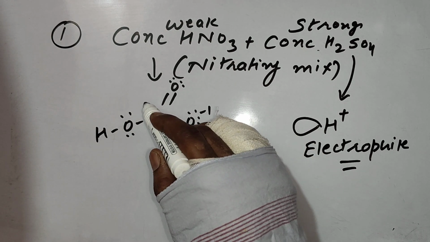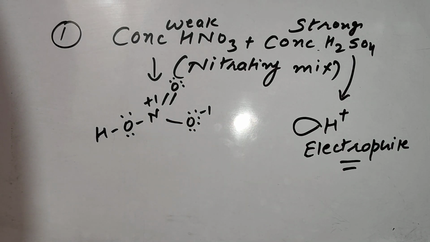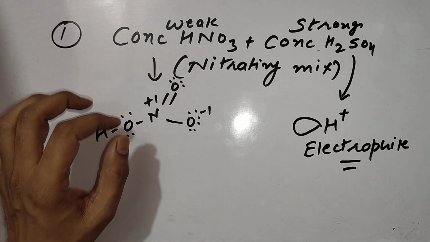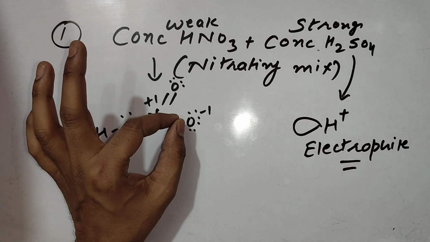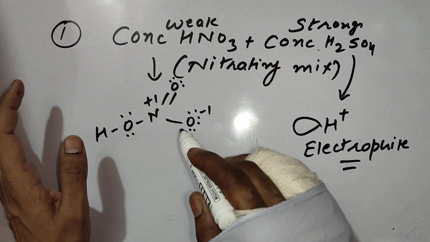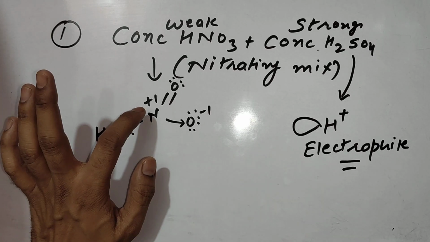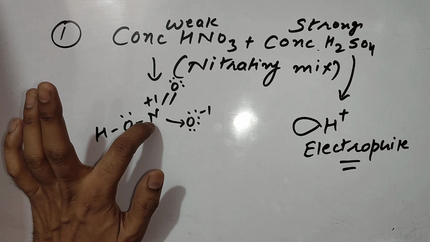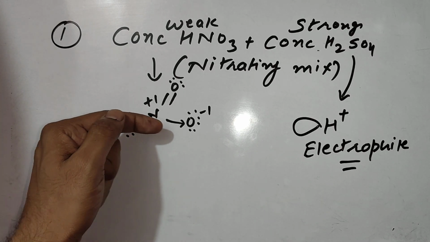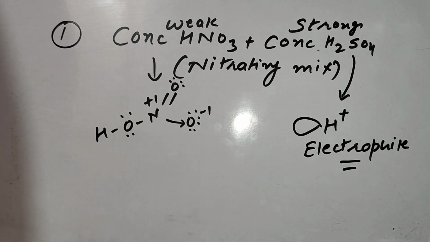In this fashion, atoms are bonded there. Normally nitrogen makes 3 covalent bonds, but here nitrogen is making a 4th dative bond with this oxygen. This is a dative bond, due to which it is carrying +1 charge. It has used its lone pair to make the dative bond with this oxygen. That's why +1 charge is there.